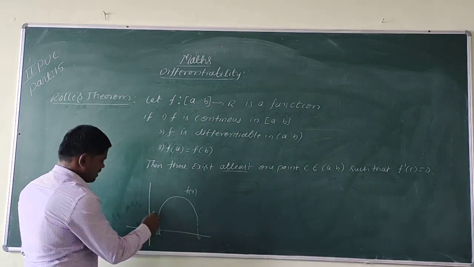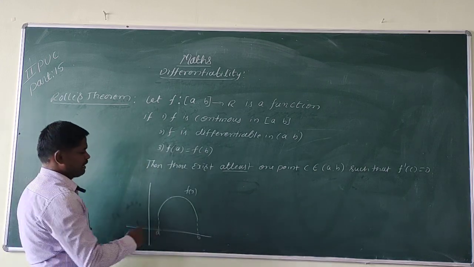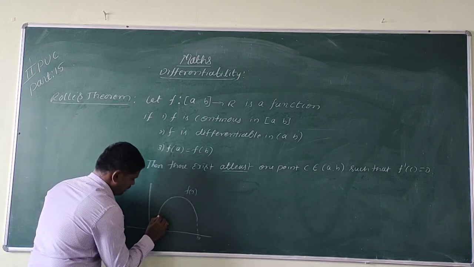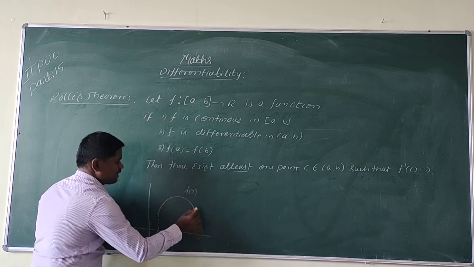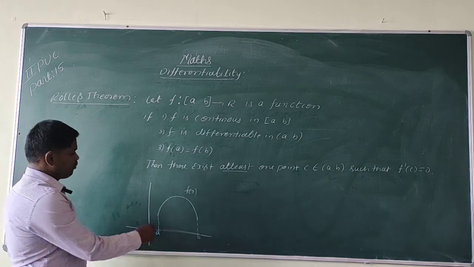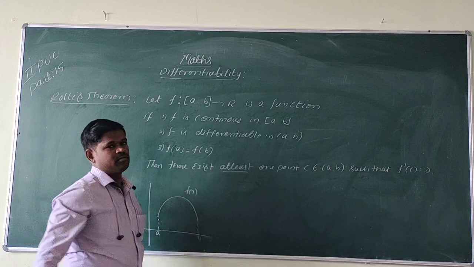We already know that continuous means there is no break in the graph of the curve. From this point to this point there is no break, therefore f(x) is continuous in the interval [a, b].